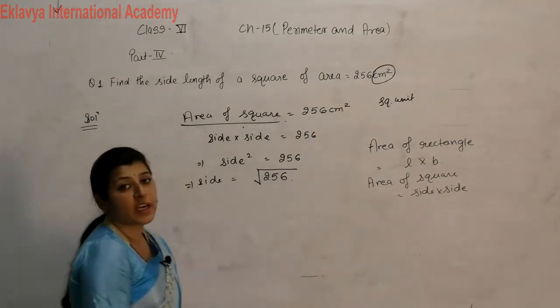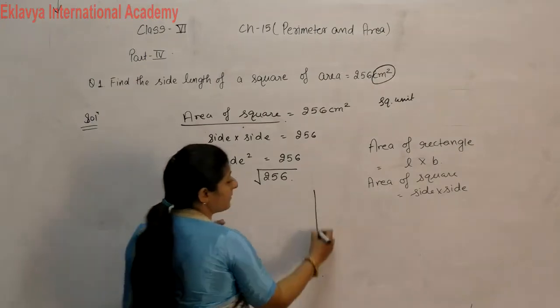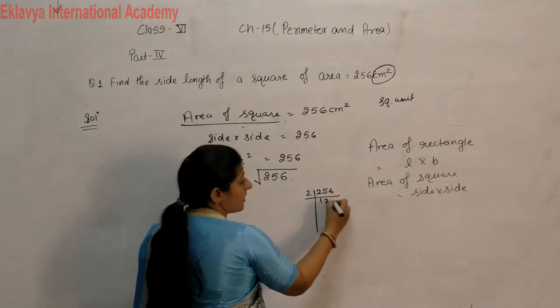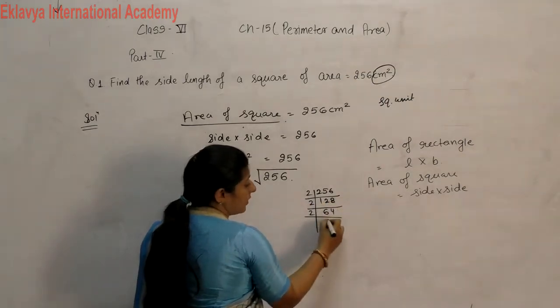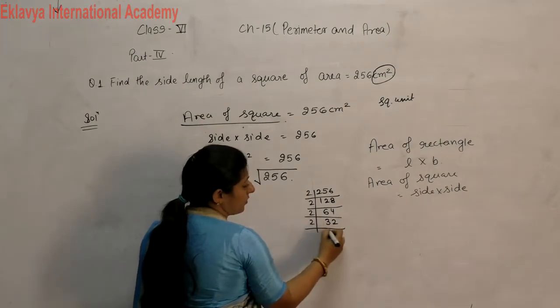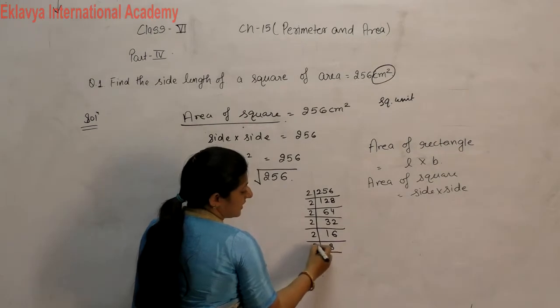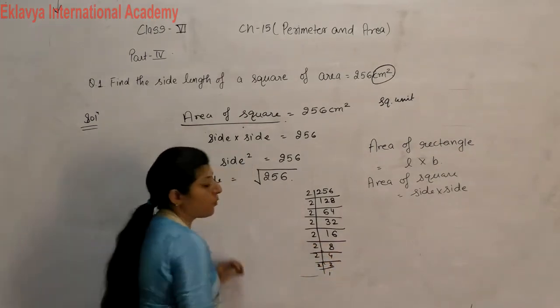Now how to find out the square root of this? You can do it by the prime factorization method. 256. 2 1s are 2, 2 2s are 4, 2 8s are 16, 2 16s are 32, 2 32s are 64, 2 64s are 128, 2 128s are 256.